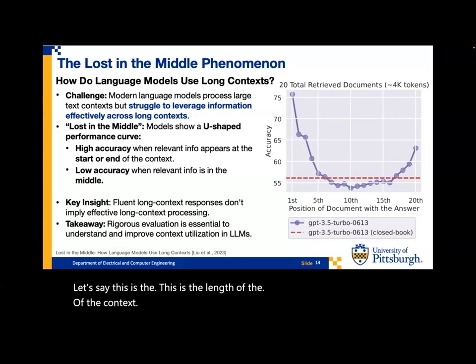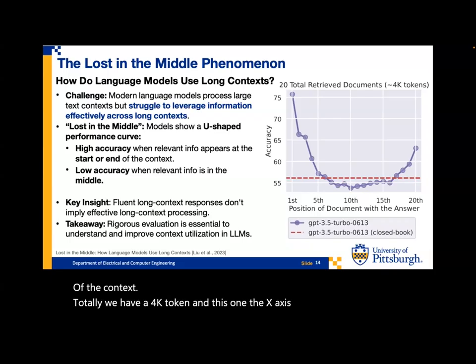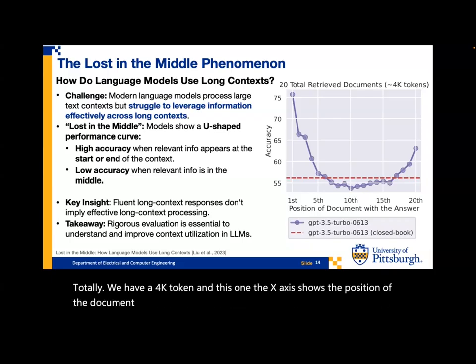Totally, we have 4K tokens, and the x-axis shows the position of the document with the actual answer, and this shows the accuracy.